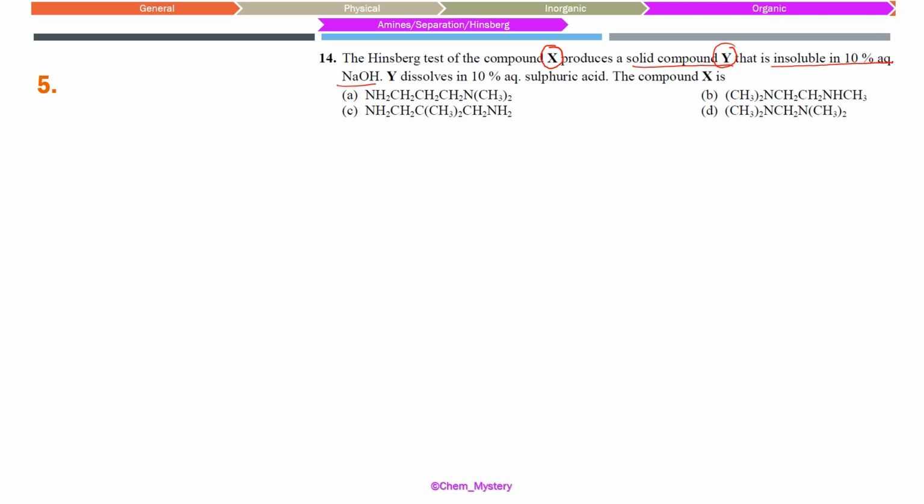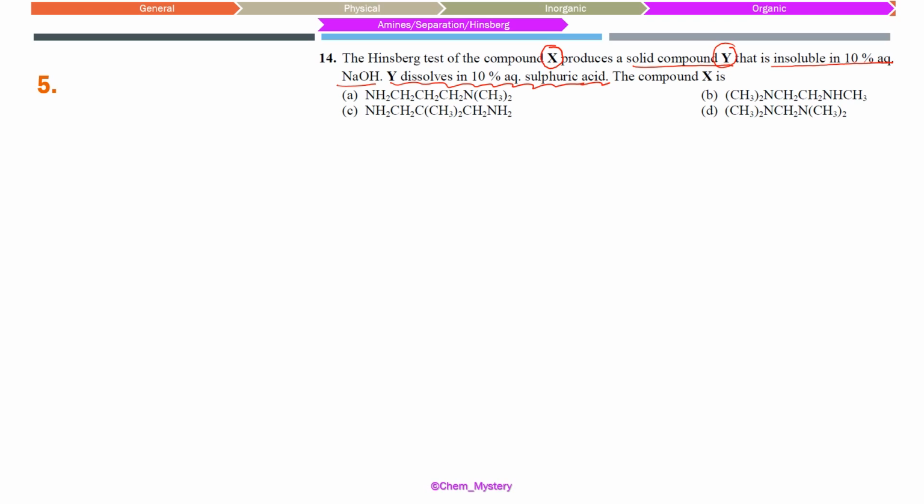This compound is insoluble in basic medium. That could give us an idea that this compound might not have any acidic nature. But later on, it is told that compound Y dissolves in 10% aqueous acid. That gives us some idea that this compound precipitated as Y may still have some basic nature, and that's why it is soluble in the sulfuric acid.